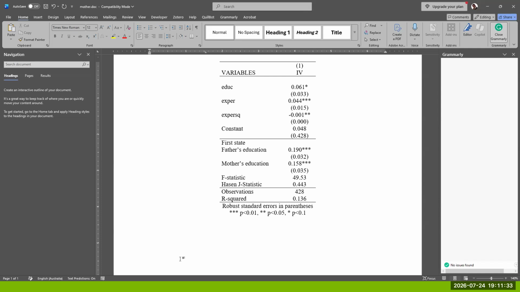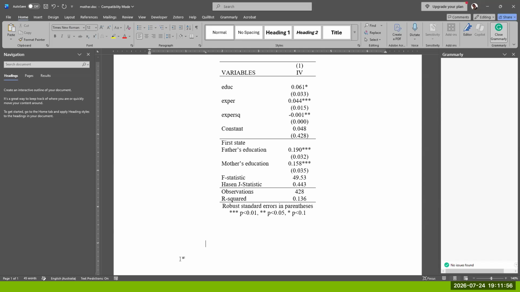We've gone through the standard 2-stage procedure where we first introduce the father's education into the first one, predict the Y hat, which is the education hat. We introduce the education hat into the model. And then we've also used the Stata code to resolve that.